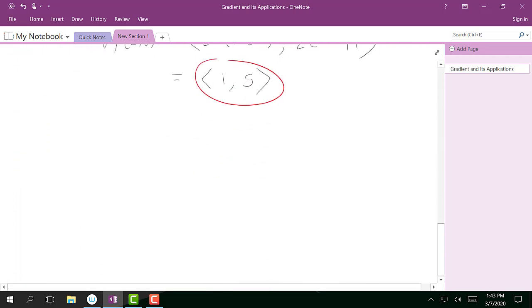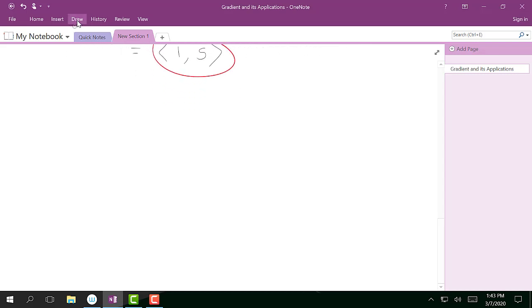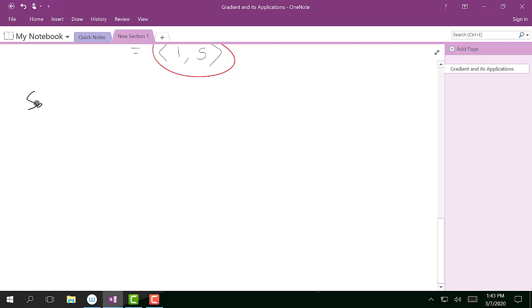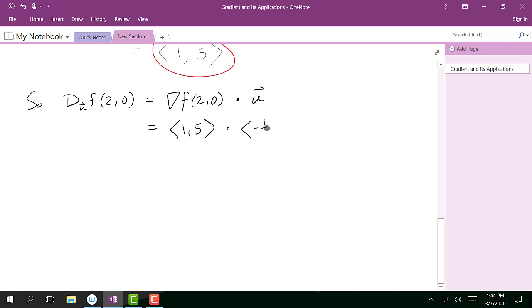So we finish this one off by looking at the directional derivative of f, I keep saying u, in the direction of u at 2, 0 is going to be the gradient of f at this point, dotted with u. Again, this was the vector 1, 5, and this was the vector minus 1/2, square root of 3 over 2.